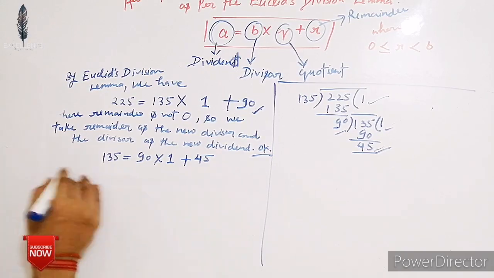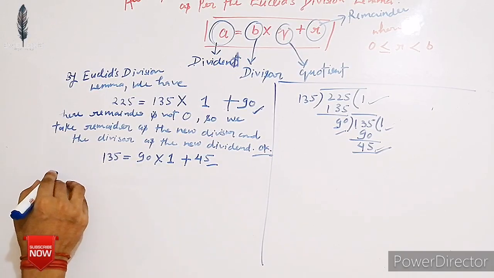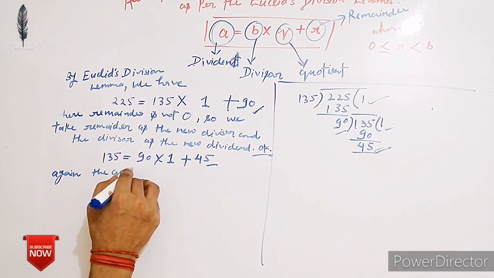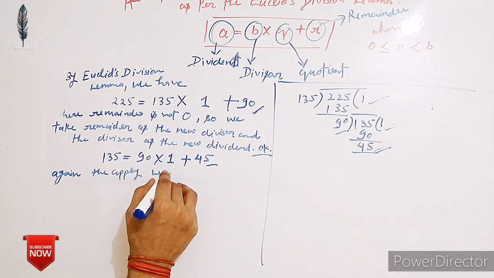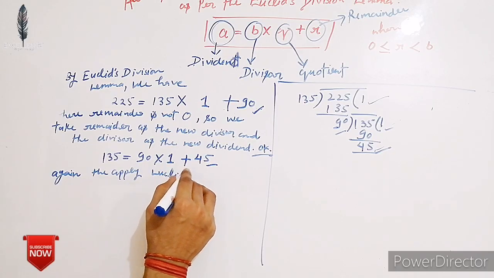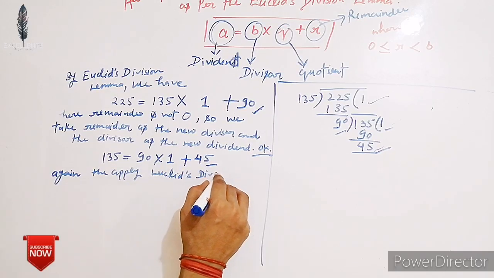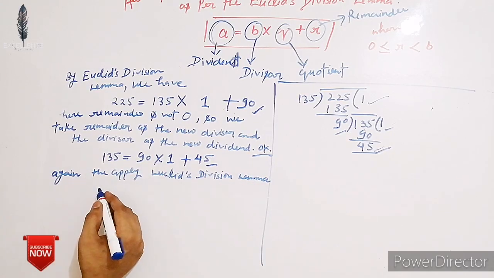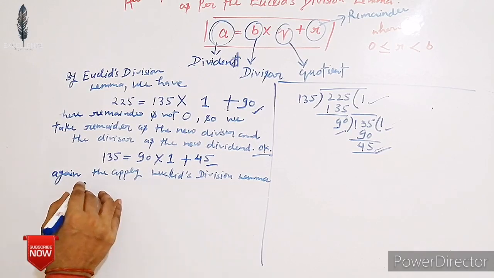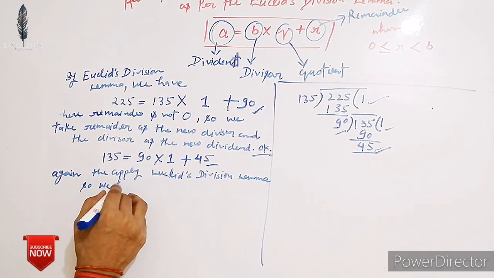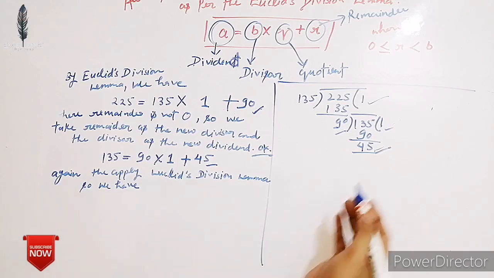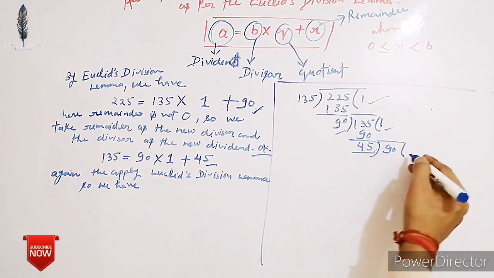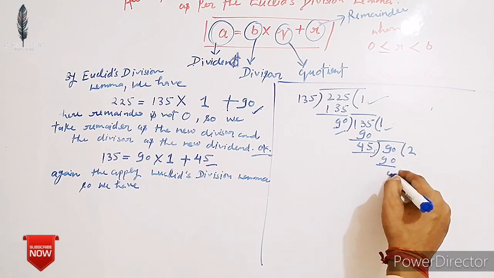Here again remainder 45 is not equal to 0. So again we apply Euclid's division lemma. Here 90, here 45 goes into 90 twice, and we got remainder 0.